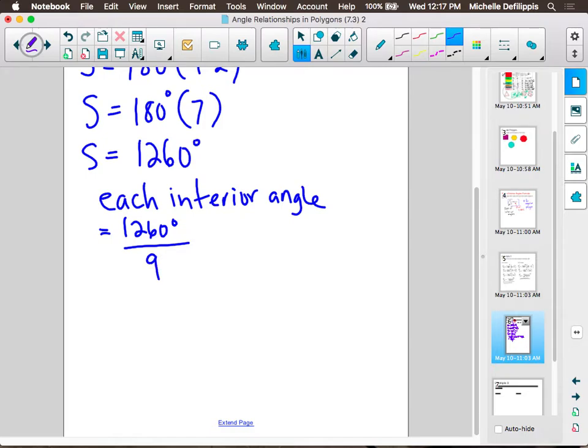There are 9 sides. Therefore, each angle must be 140 degrees. Okay, I didn't need any extra information. All that I needed was in the question already. I had to take this one extra step.